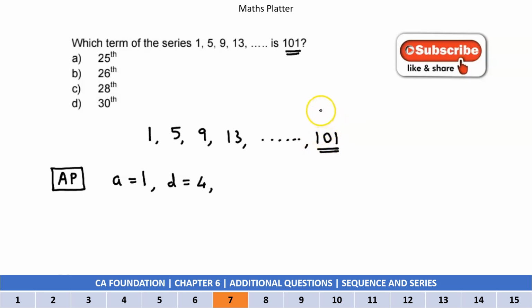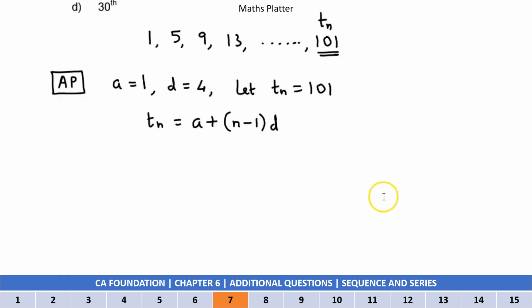Okay, so let us name this term as Tn. Let Tn be 101. Now we know that for an AP, Tn is obtained as A plus (n minus 1) into D.